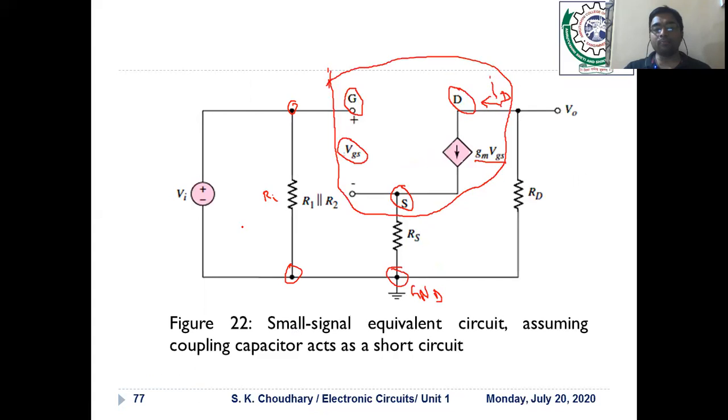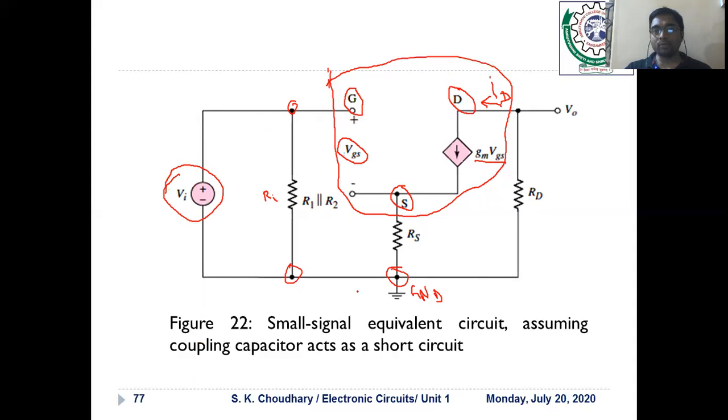Similarly, the other component on the input side is VI, the AC voltage signal generator, with one end connected to the gate terminal, positive end, and the negative end connected to the ground terminal. In this way, we have completed the drawing of the small signal equivalent circuit, including the MOSFET and the input network of the circuitry.